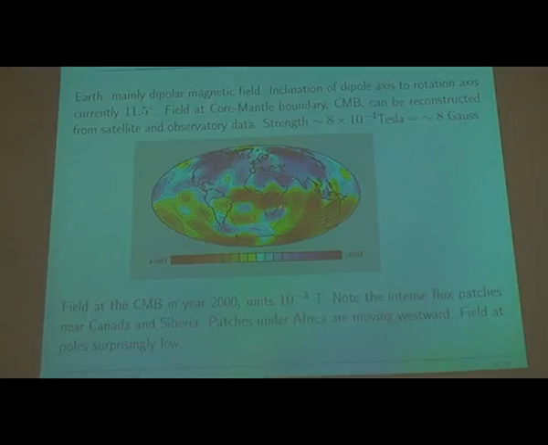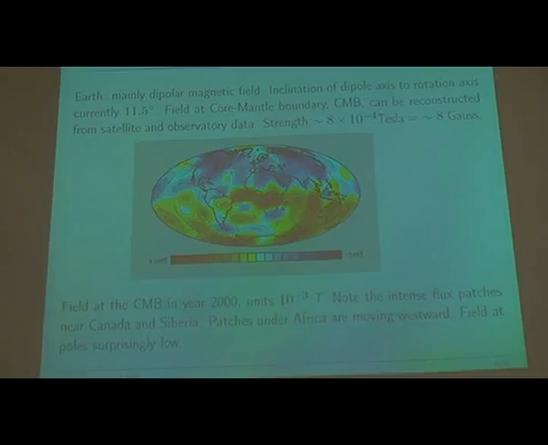This one in here and that one in there are particularly interesting. Those just below Africa are moving westward at the moment, and they're also intensifying, which means that the overall dipole moment of the Earth is dropping somewhat because of these reverse flux patches. I'll tell you a bit more about that later on.